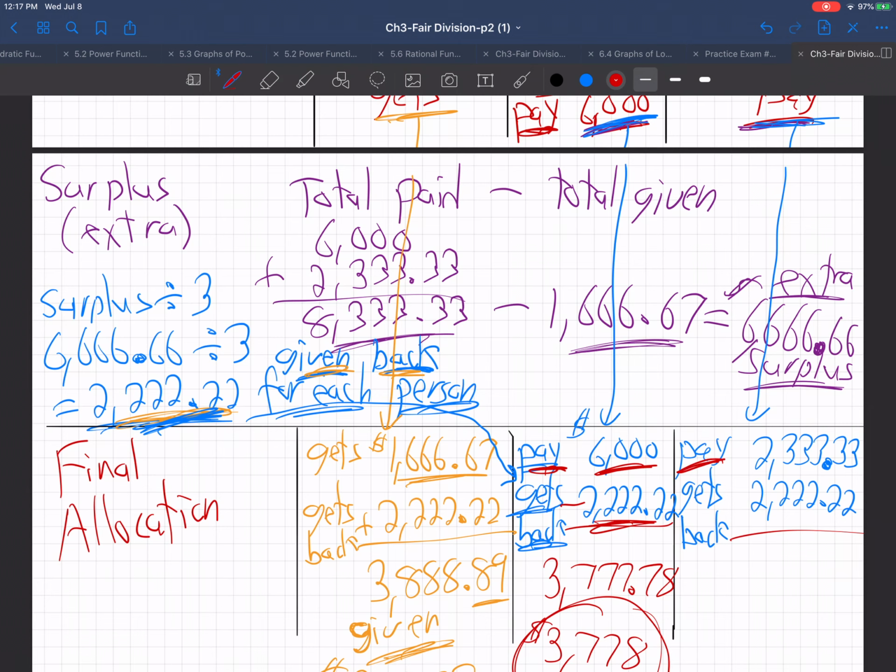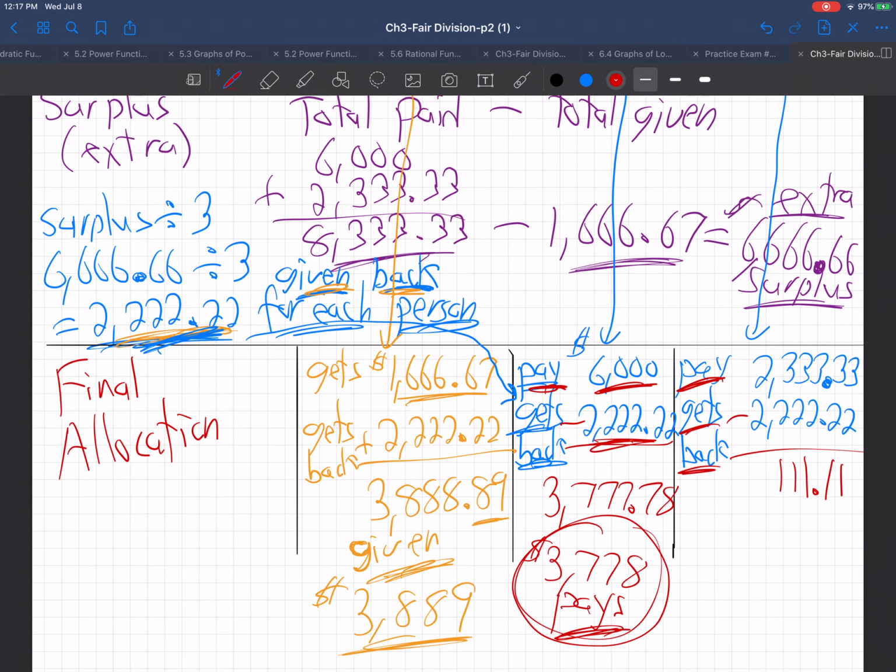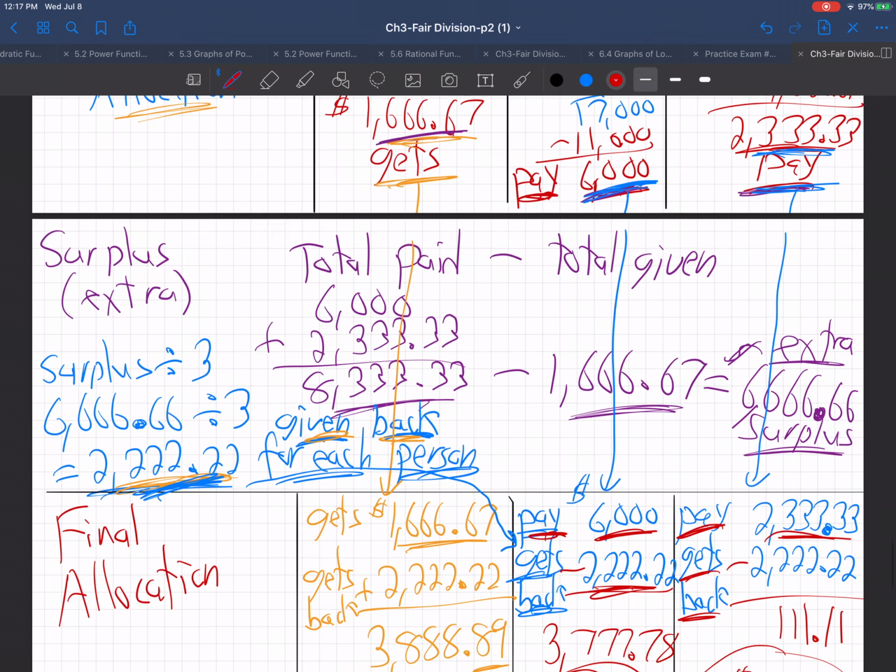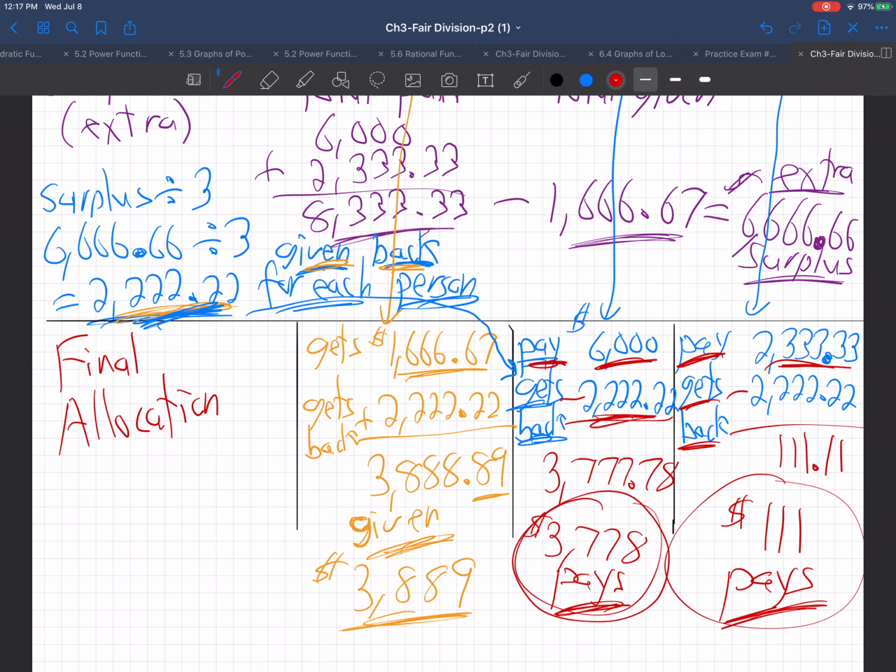She pays $2,300 something, but gets back $2,200 something. So she's only going to pay a little bit. Looks like 111.11. So round that to the nearest dollar. $111 Carla pays. She paid $2,333.33 in the initial allocation, but got most of it back because of the surplus extra money.